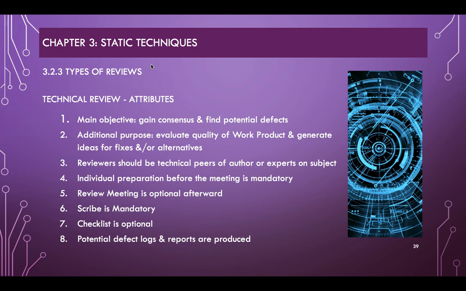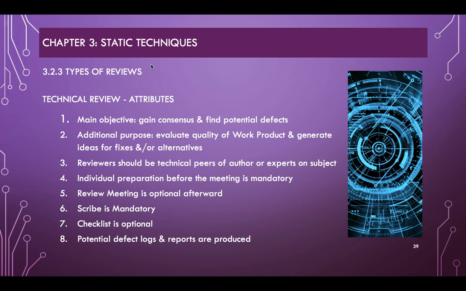Attributes of the technical review include: 1, the main objective is to gain consensus and find potential defects. 2, an additional purpose is to evaluate quality of the work product and generate ideas for fixes and/or alternatives. 3, reviewers should be technical peers of the author or experts on the subject.